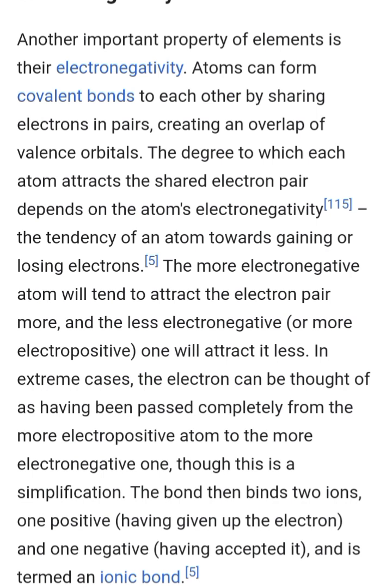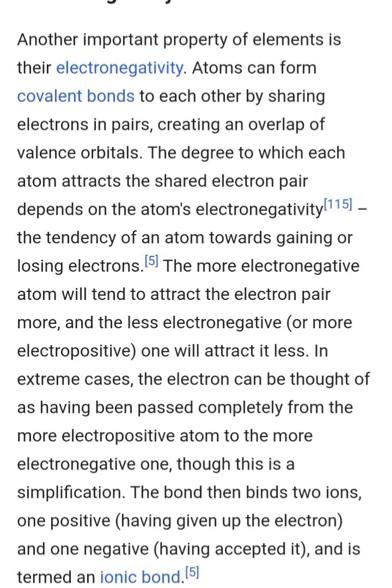Atoms can form covalent bonds to each other by sharing electrons in pairs, creating an overlap of valence orbitals. The degree to which each atom attracts the shared electron pair depends on the atom's electronegativity. That's what I'll try to explain: the ability of an atom to attract electrons to itself.